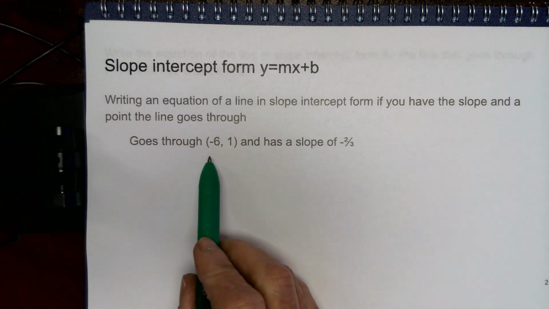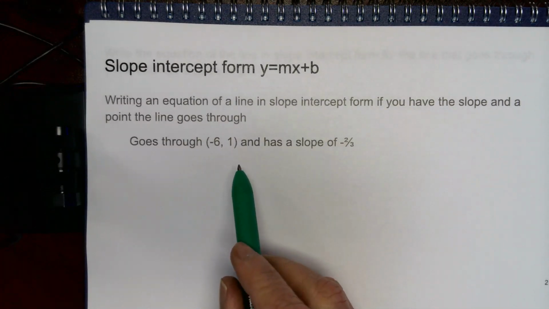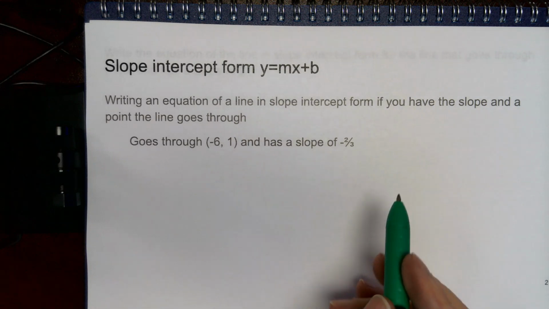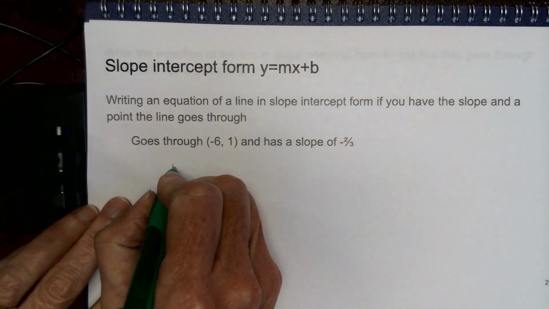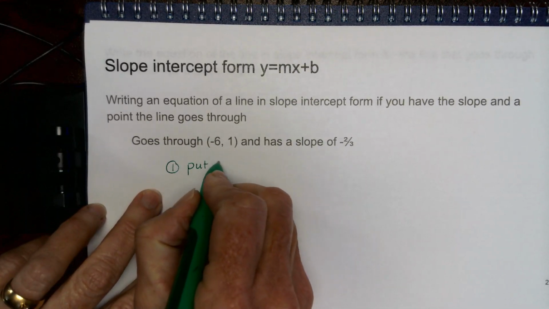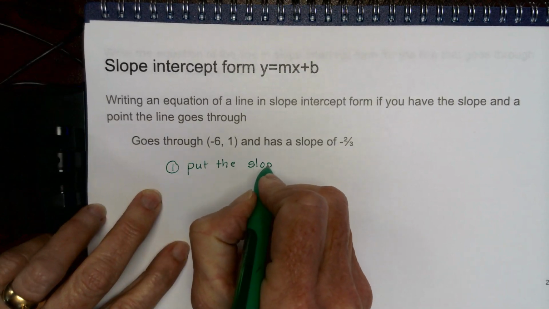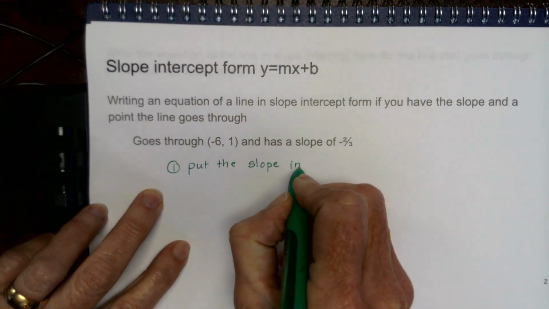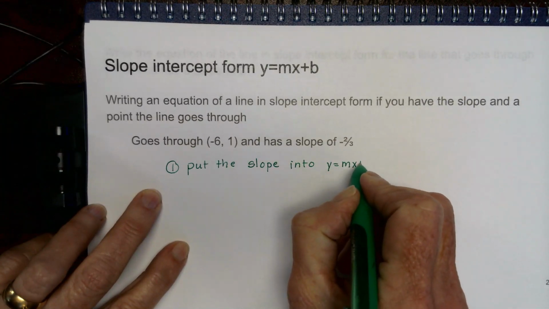For example, let's say the line goes through (-6, 1) and has a slope of -2/3. You're going to go through a step-by-step process. First step, you put the slope into y equals mx plus b.